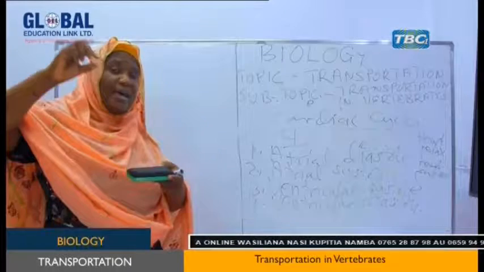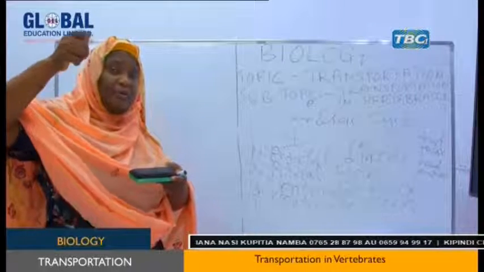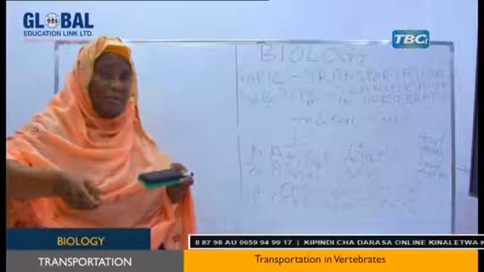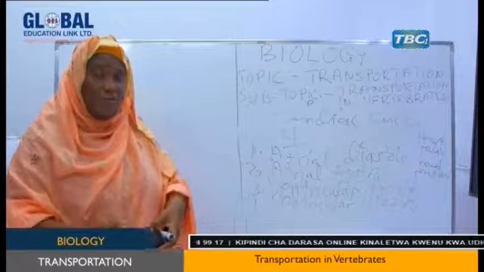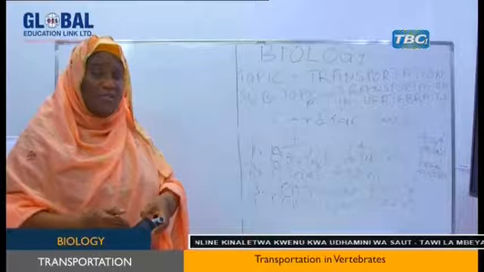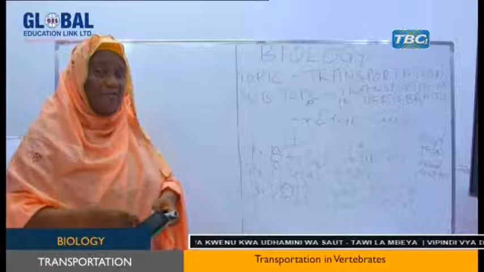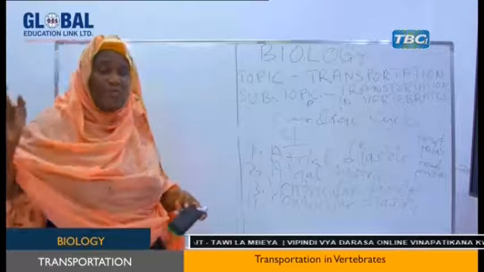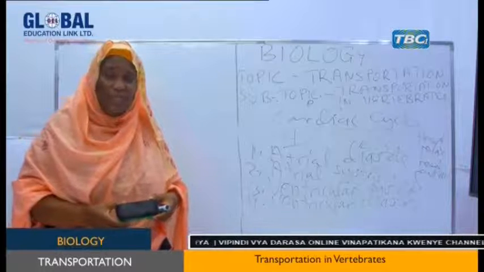Then when it goes there, the pressure also will push the valve backward and cause the semilunar valve to close. When the semilunar valve there closes, it prevents backflow of blood, and blood from there will be transported to different parts of the body.